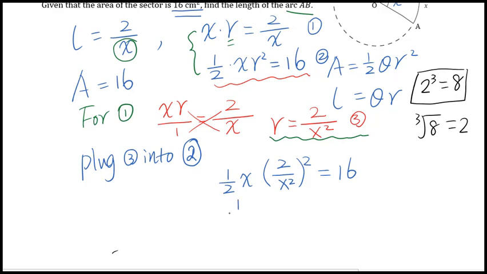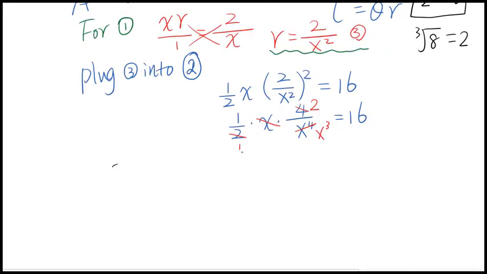Then we simplify. You will get 1 over 2 times x times 4 over x to the 4th power equals 16. Let's simplify. Reduce, you will get x to the 3rd power. Reduce this, you will get 2.